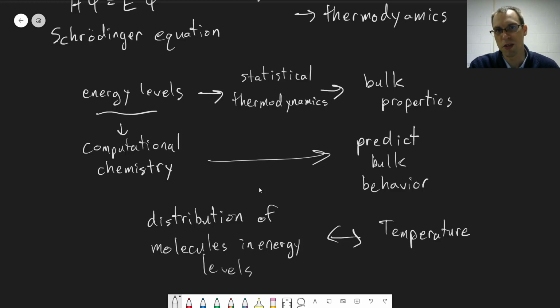We're looking at individual molecule properties, but there's a bulk property that we care about, which is temperature. So if we can either measure or predict the distribution of those molecules in their energy levels, we can infer the temperature of a system.